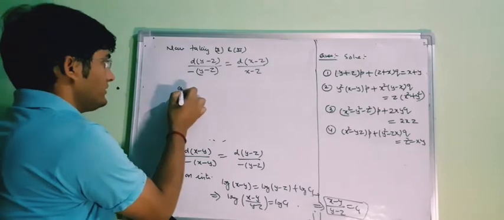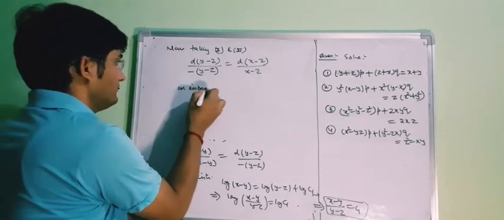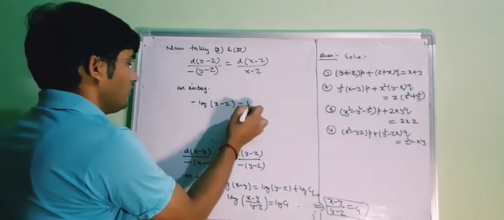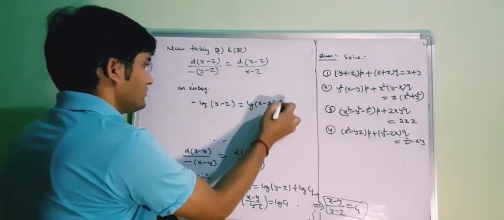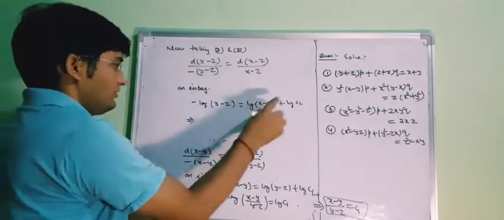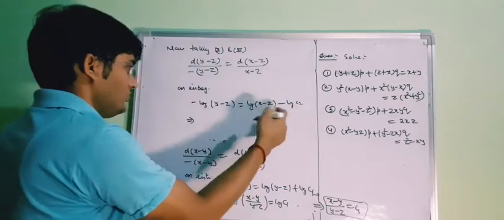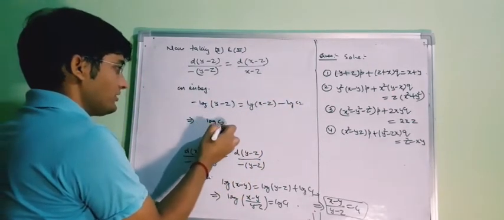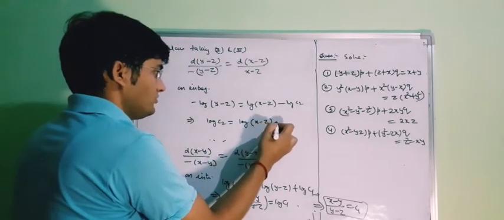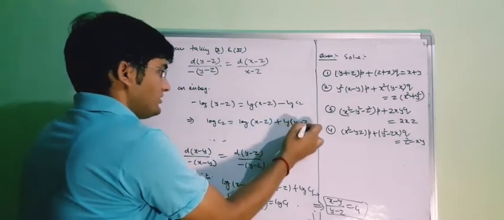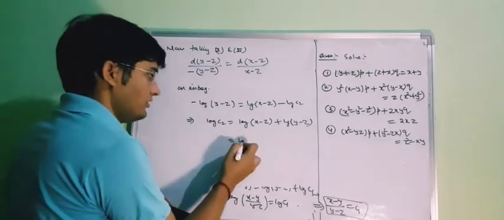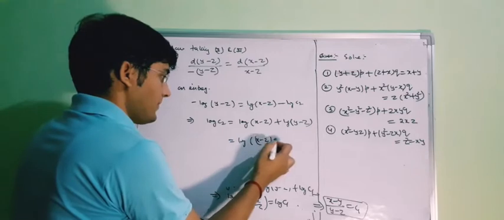Now on integration we get log with negative sign equal to log x minus z plus some constant of integration log c2. So you can write it as minus log of c2. So this constant will come here, and in the right hand side we will have log x minus z into y minus z. Now this is log a plus log b, so this will be log x minus z into y minus z.